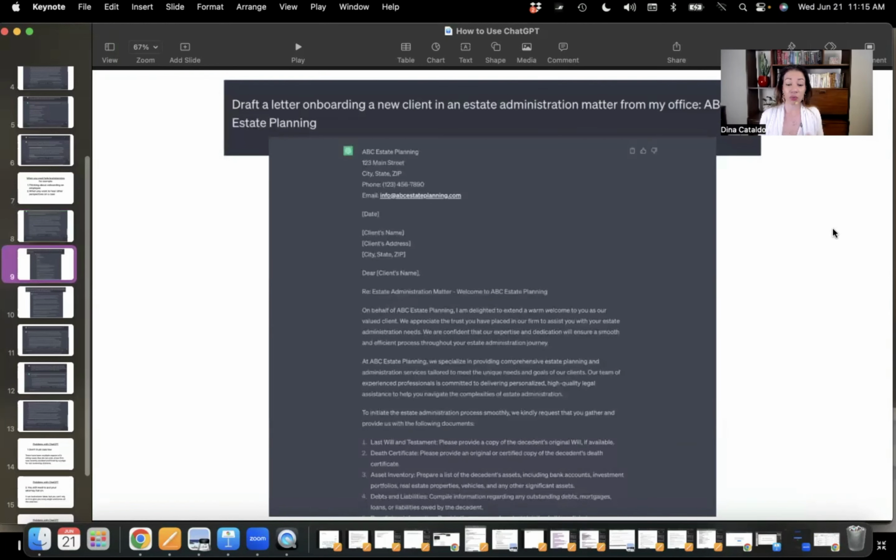It's also really great if you want to draft a document, draft a demand letter. You can literally just ask it, like I did here, draft a letter onboarding a new client in an estate administration matter from my office, ABC Estate Planning. And it is just so mind-boggling.